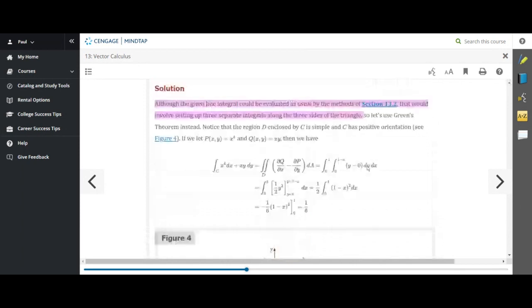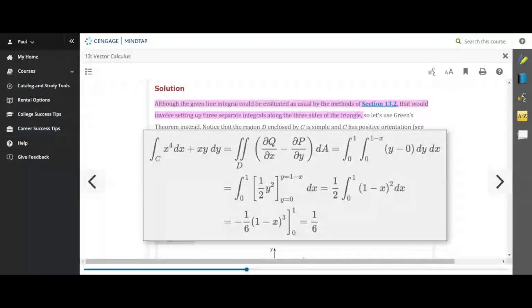You've done double integrals over regions D like that before. And so using Green's theorem, take a look at it. The region D, that triangular region, is bounded below by the line y equals 0 and above by the line y equals 1 minus x, and then x goes from 0 to 1.